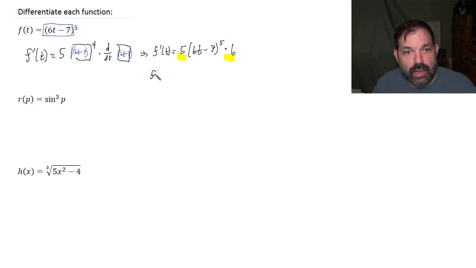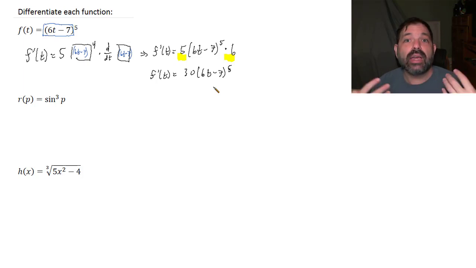So I would write that f prime of t is 30 times 6t minus 7 to the 4th power. Now I cannot distribute that 30 inside the quantity because that quantity is being raised to a power, and we would have to take care of any exponentiations before multiplications if we're following the standard order of operations. So let's leave it like that.